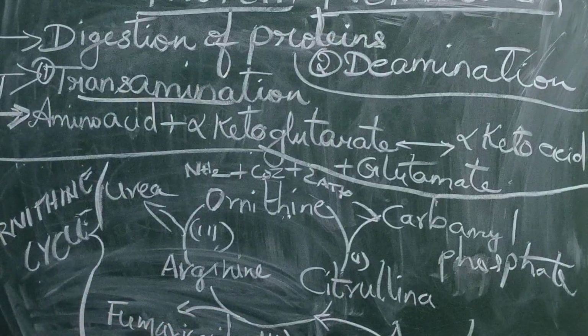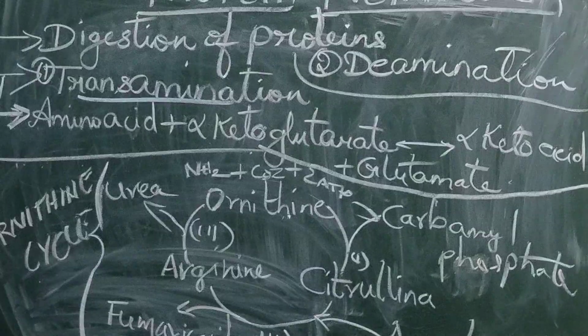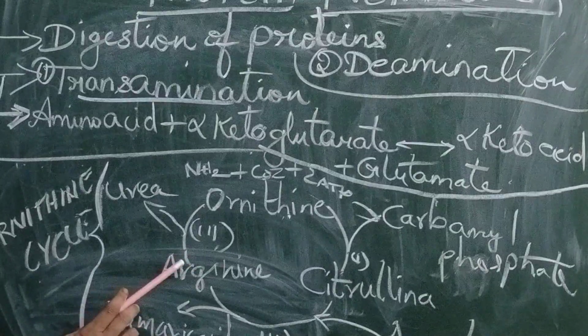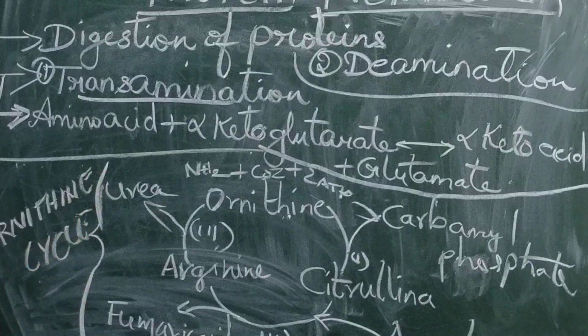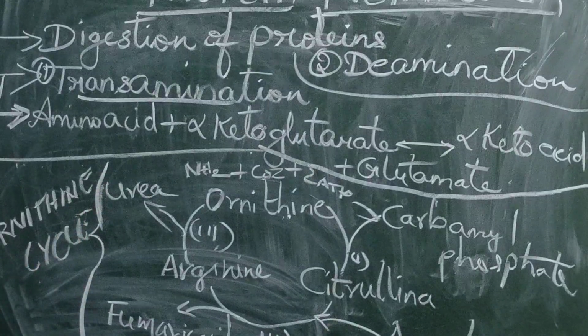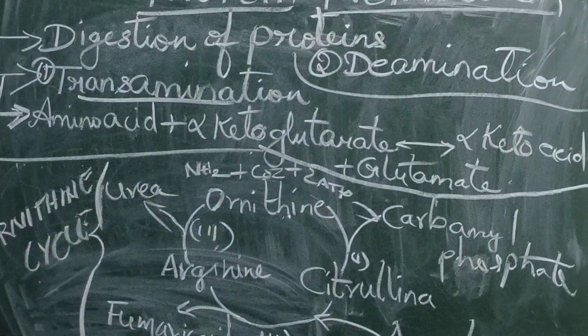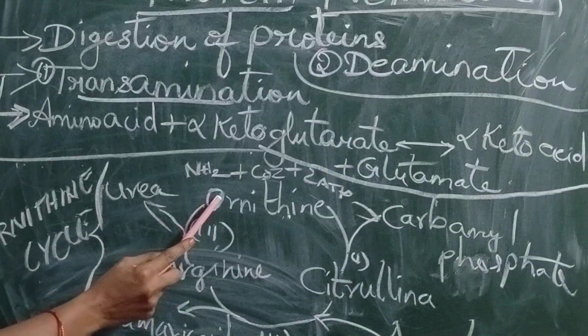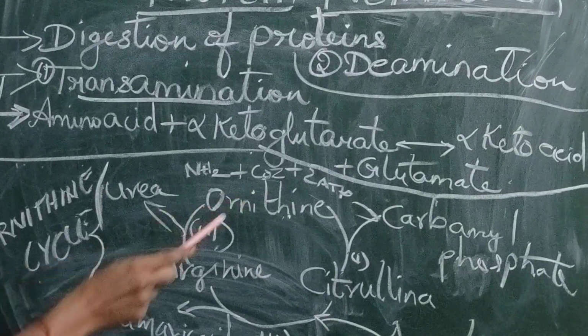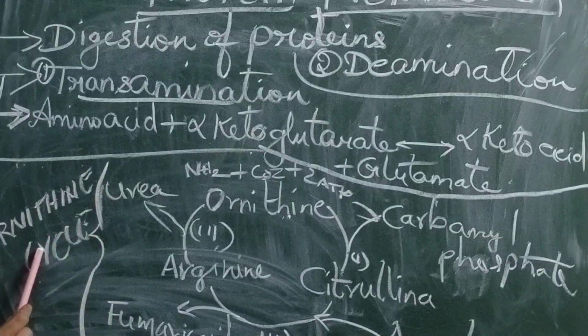Then arginine is further split into urea and ornithine, as you can see in the diagram. Again the ornithine is regenerated, so the process repeats. That is why it is called the ornithine cycle.